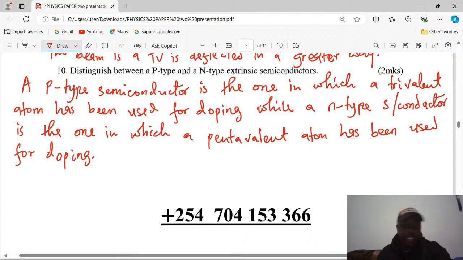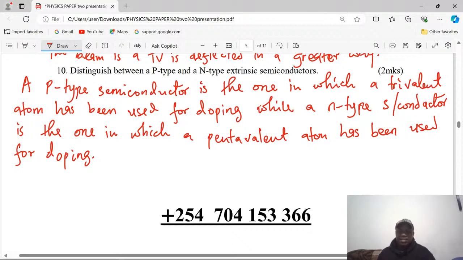Remember, a pure semiconductor is a group 4 element, which means it has 4 valence electrons. So when you use a trivalent atom in doping, 3 of the valence electrons are used for bonding, leaving a vacancy for 1 more.